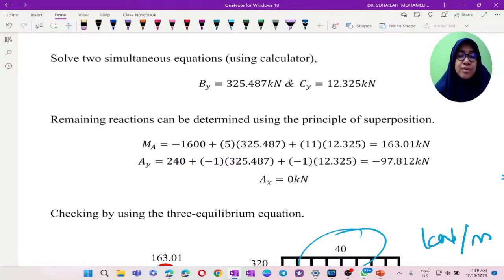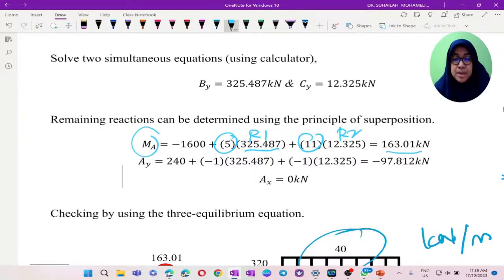Ma: this is -1600, the value in the primary system. 5 is the moment in redundant 1, multiplied with redundant 1. And this is Ma in the redundant number 2 diagram, which we multiply with R2, meaning Cy. So we get 163.01, which is the moment in the actual system. Same goes for Ay.